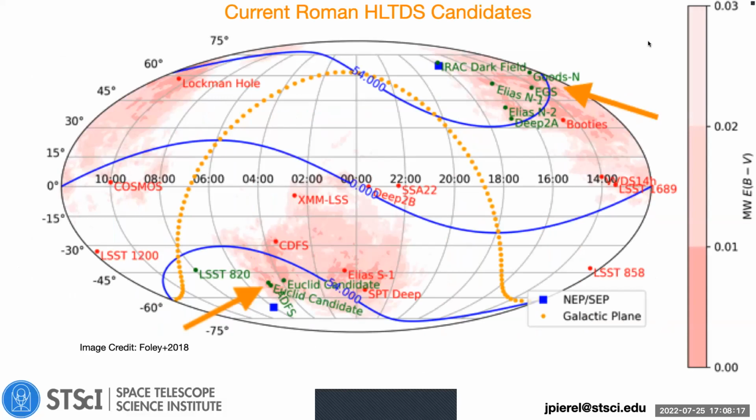In terms of whether they'll actually have overlap, that's still up in the air. This is from Ryan Foley's original paper, but also was in Ben Rose et al.'s reference survey for the Roman high latitude time domain survey. And the 2 best candidates here are in the orange arrows.